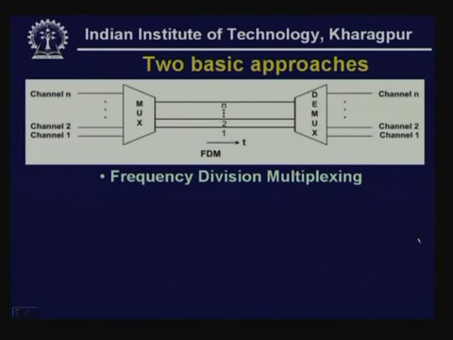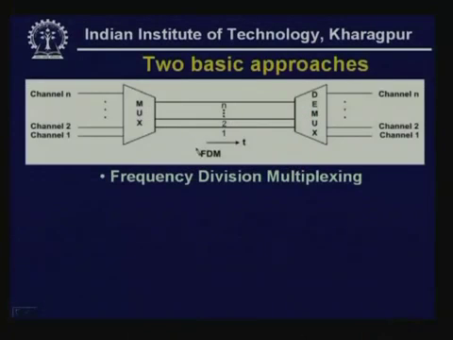Now, as I mentioned, there are two basic approaches. The first one is known as frequency division multiplexing, and as we shall see, frequency division multiplexing is possible because of the analog transmission that we have, which is possible by using modulation. As you have seen, the modulation performs narrow banding of the signal. As a consequence, it is possible to send n different signals, each of them having a small fraction of the bandwidth, through the transmission media.